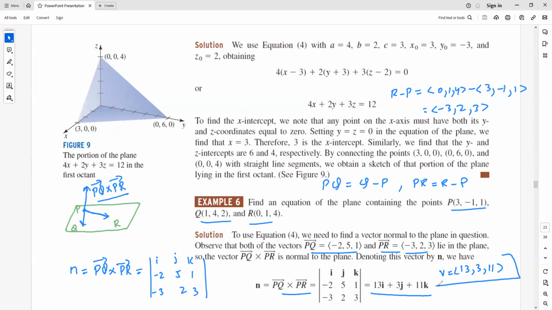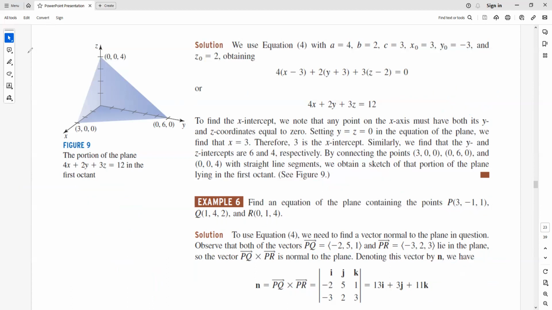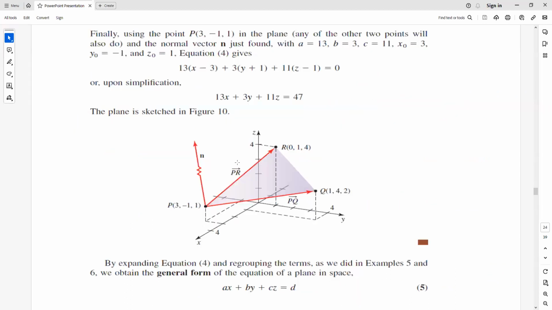Now we have the vector that is normal to the plane. We have 3 points on the plane, and we can choose any point because all these points are on the plane. And with this vector, we can just find the equation of the plane, right? So we have the normal vector and we choose point P, let's say.